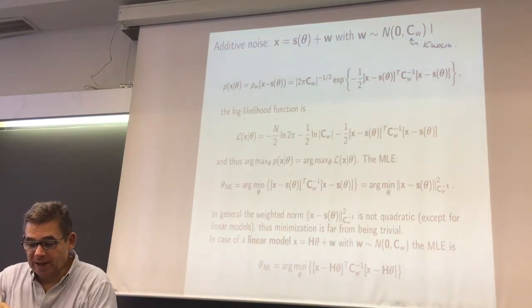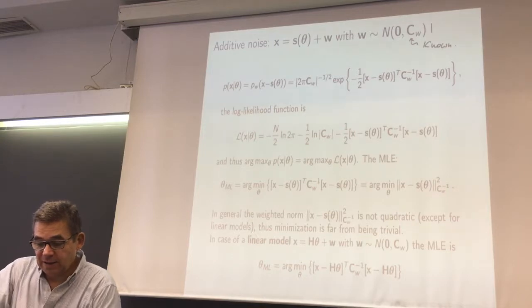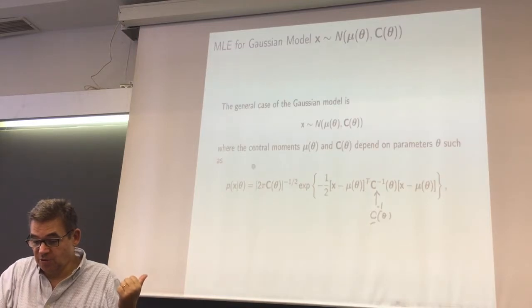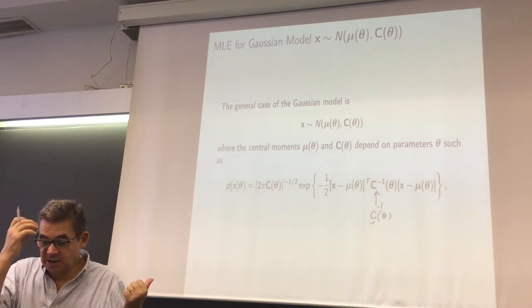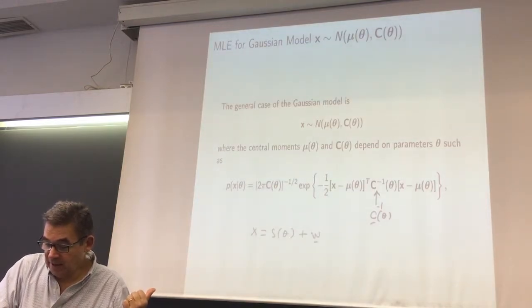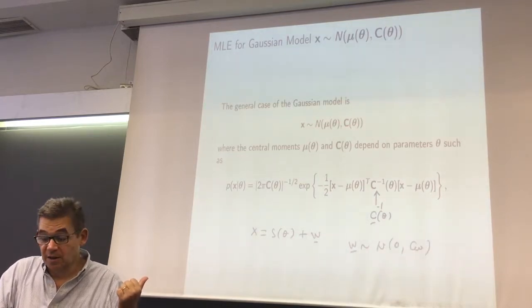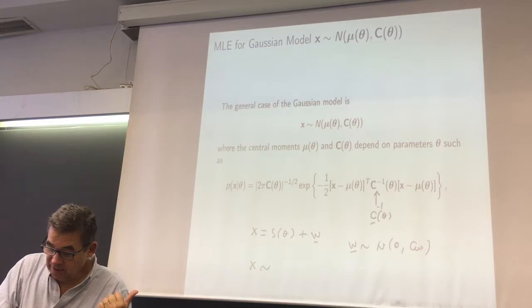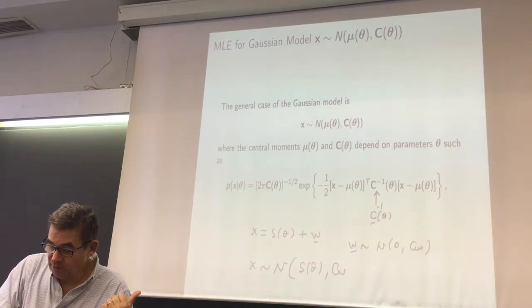Now what I do, I go back and write using the formula before. Let me show you how I can get that. So if x is equal to S theta plus W, and W is normal with zero mean and covariance CW, what is the probability density function of x? The probability density function of x is normal with mean S theta and covariance CW.